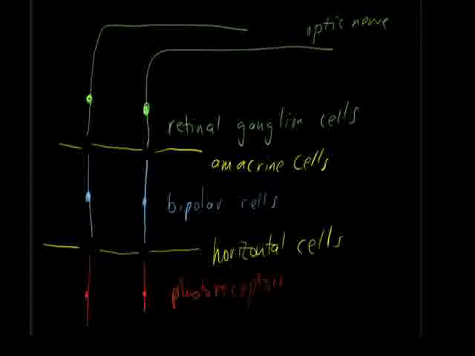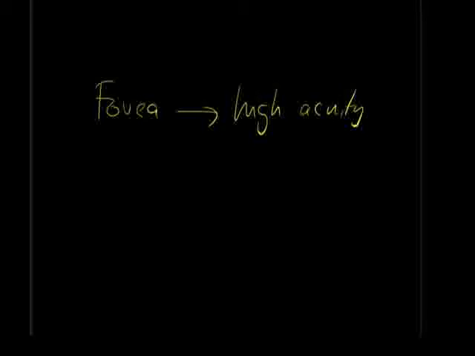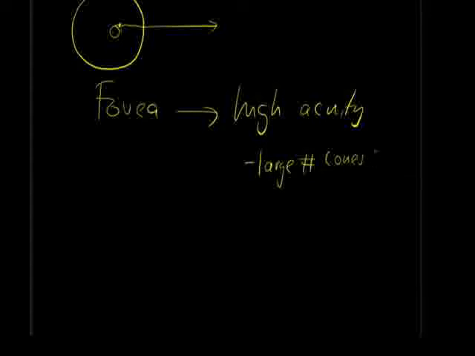The other thing to be aware of is that the fovea is adapted for high acuity vision. So if you imagine you've got the whole of the retina, you've got an area in the middle called the fovea, and that's close to where all the axons merge and then go out. And this area, it's adapted because it has, first of all, a large number of cones per unit area.